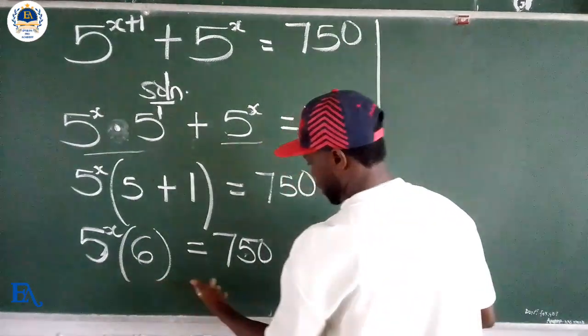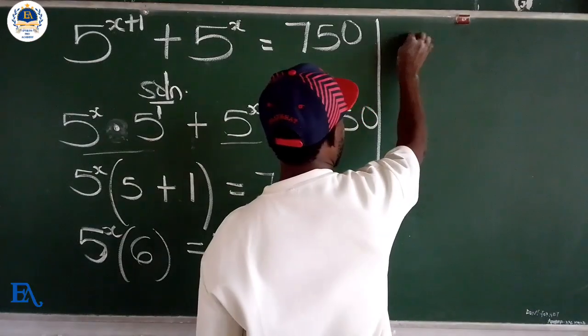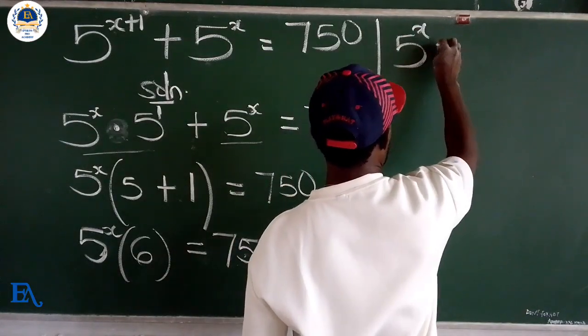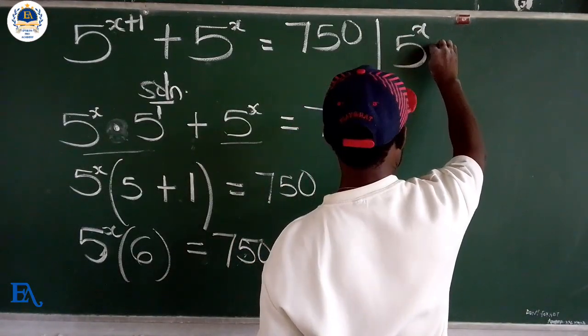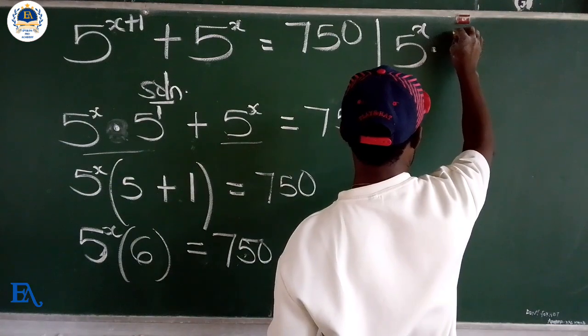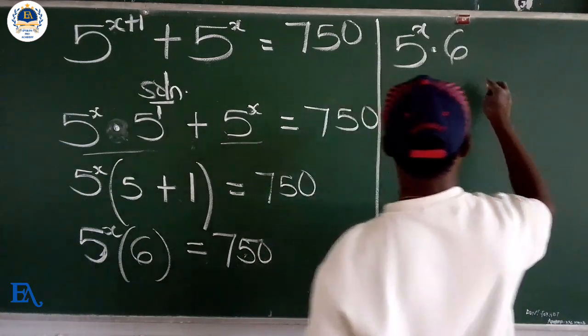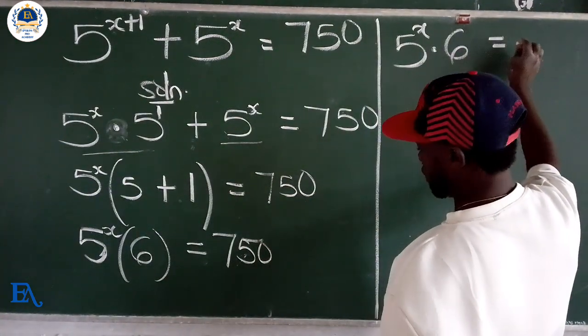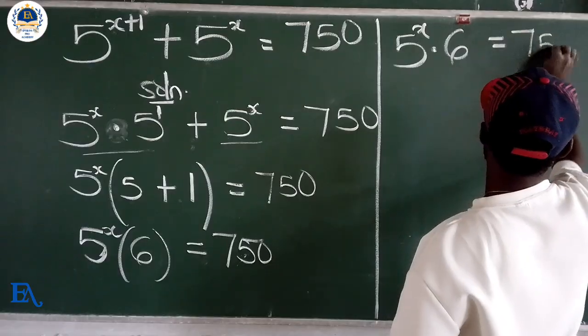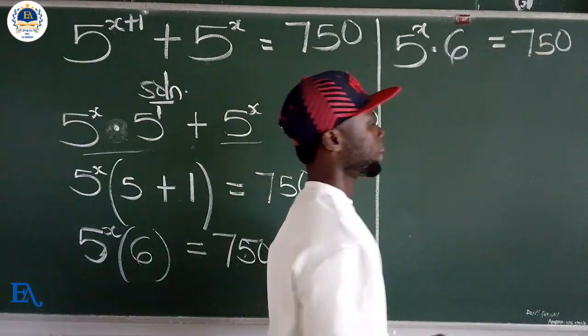Let me rewrite what we have here. We have 5 raised to the power of x times 6 is equal to 750.